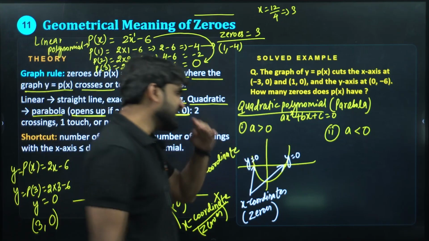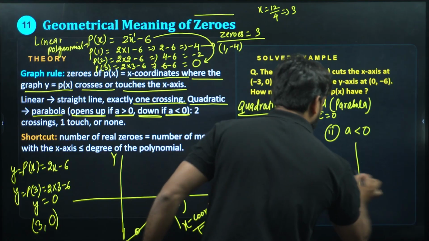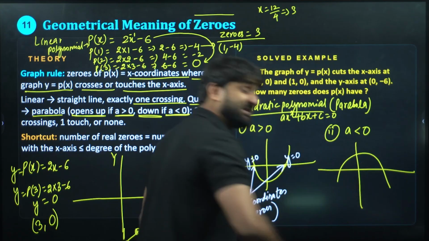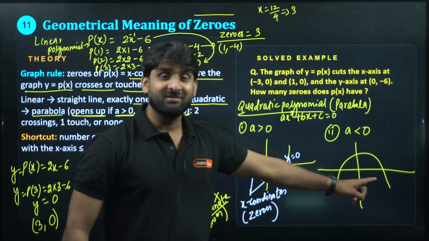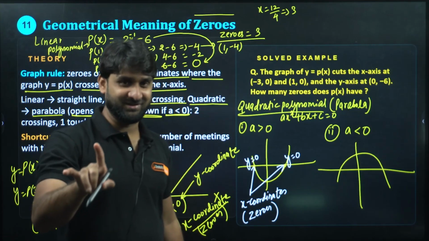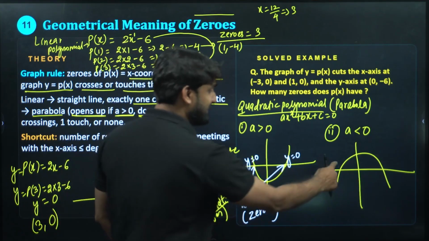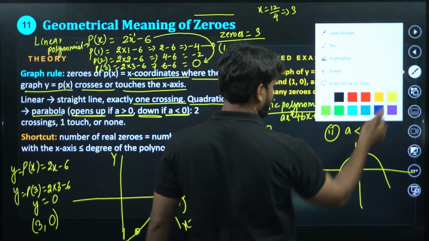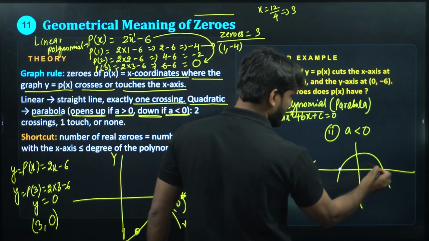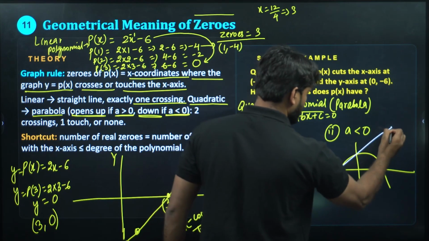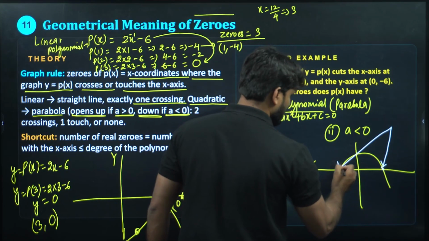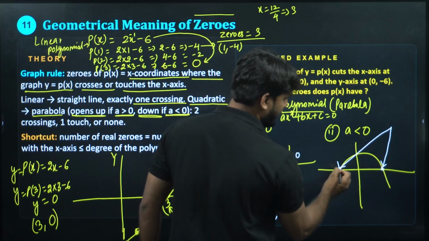So if a is less than 0, the parabola will look like this, but still the parabola is intersecting the x-axis at 2 points. So 2 x values will be there, and at these 2 points the y coordinate will be 0.